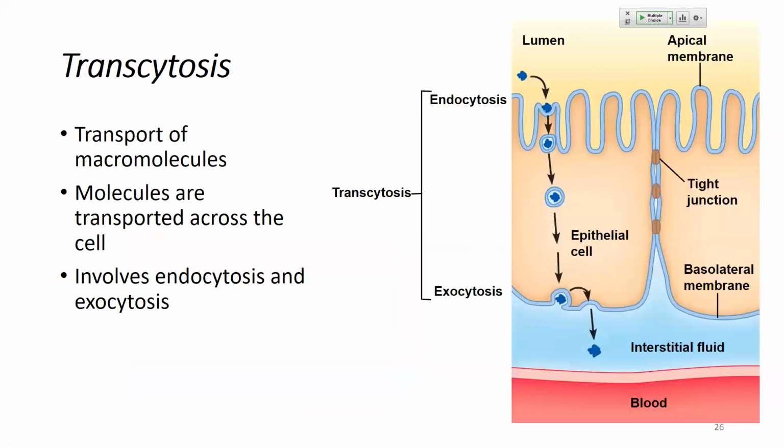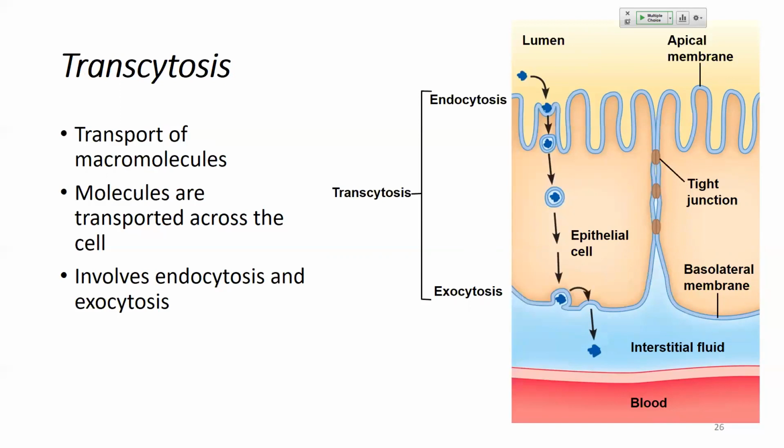All right, the last thing we're going to talk about is transcytosis. This is the movement of macromolecules across the cell. It involves two very important processes that we're going to look at later on, endocytosis and exocytosis. Think of endocytosis and exocytosis as a Pac-Man that is swallowing a certain substance, moving through the cell and spitting it out.